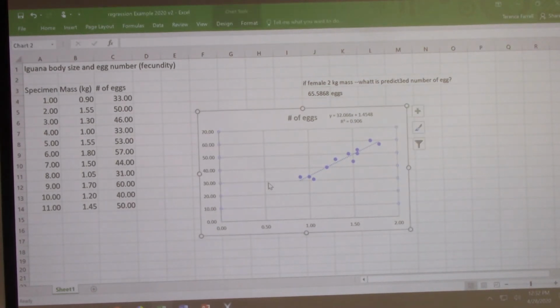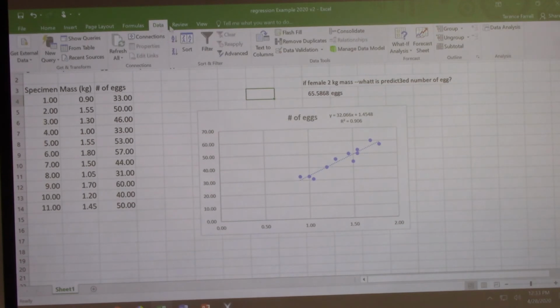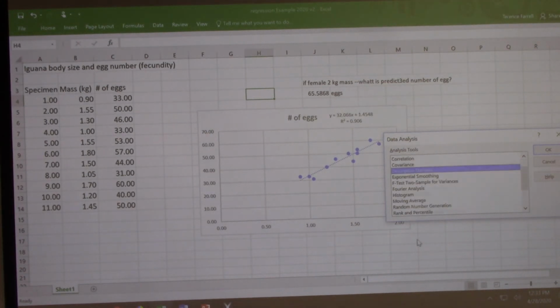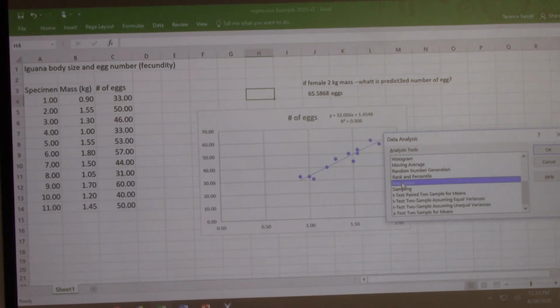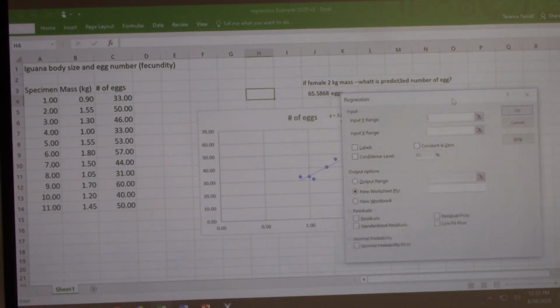Now, to get a full regression analysis here, what we want to do is go into data analysis, and you're going to pull up, under R for regression, this menu.